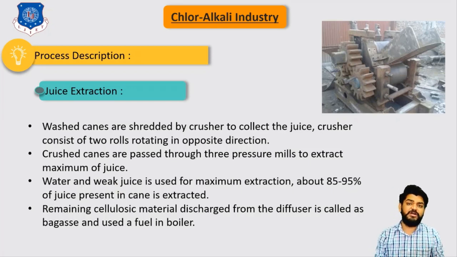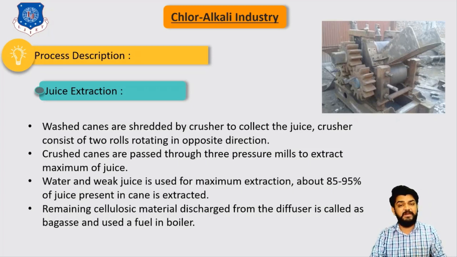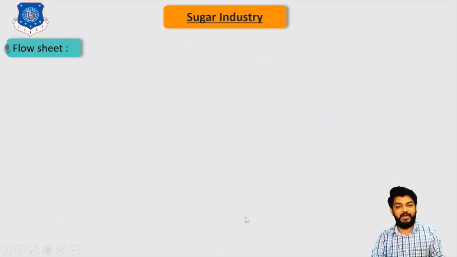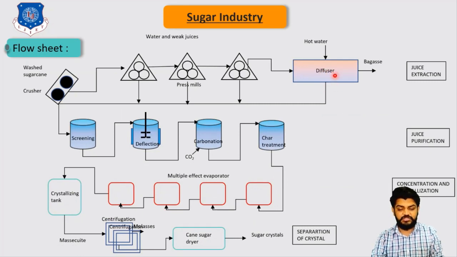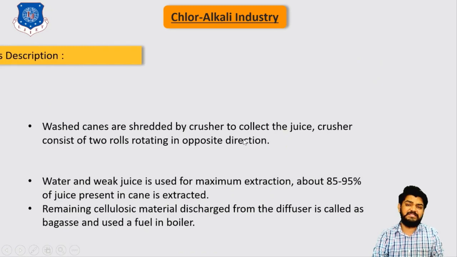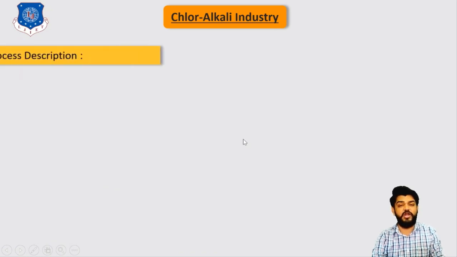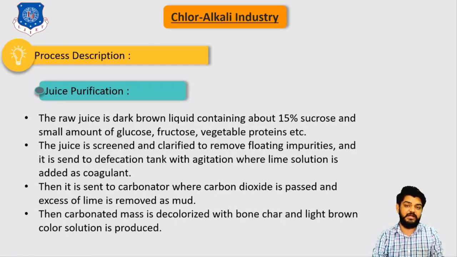Well, I am not focusing much on this process description as we have already understood the majority of the points in the flow sheets. Now the next thing is the remaining cellulose material, which is discharged from the diffuser and is known as the bagasse. As we have seen here, this is the diffuser and the remaining cellulose material is known as the bagasse. This bagasse is used in the boiler in order to get heat energy from it, right?